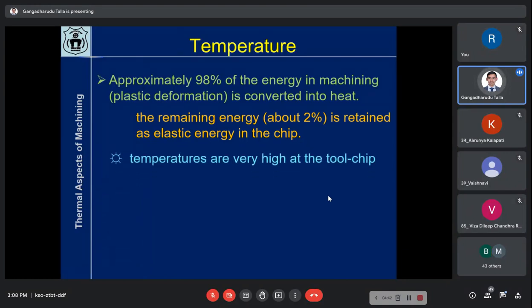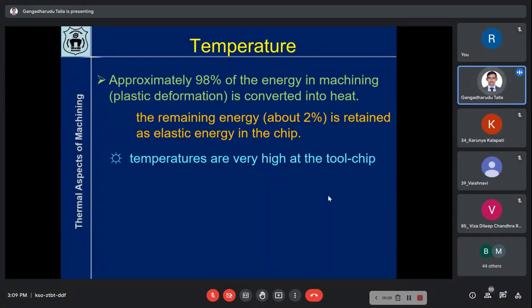So these temperatures are very high at the tool chip interaction. There are 3 zones actually during the cutting process. We'll see them. Among these 3 zones, in the chip tool interaction, the chip is rubbing against the rake face of the cutting tool.